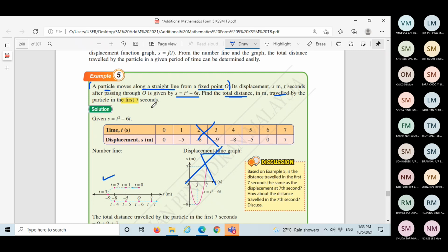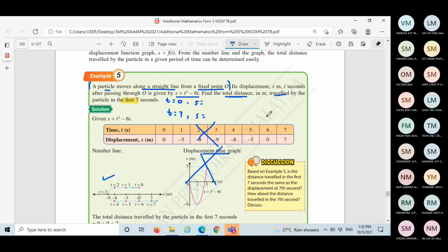Same thing, first 7 seconds. So you have to know when t is 0, what is the s, and then at the end when t is 7, what is the s.